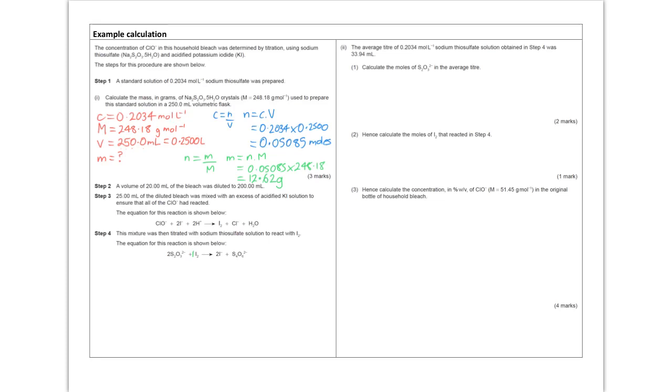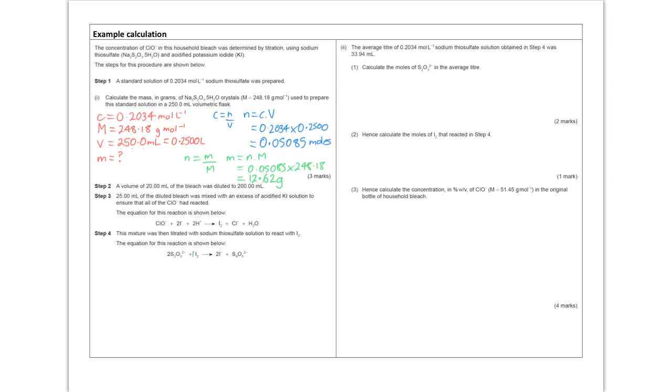So in the next part it tells us the average titre, so the average volume of the 0.2034 sodium thiosulfate solution, so this standard solution we made here, the average volume obtained in step 4 was 33.94 millilitres. And it's asking us to calculate how many moles of thiosulfate were in 33.94 ml of 0.2034 mole per litre sodium thiosulfate.